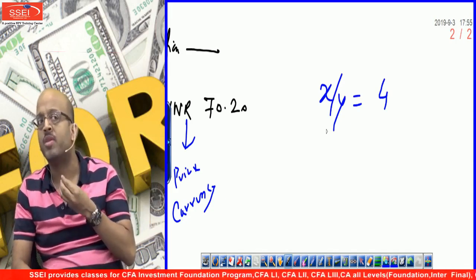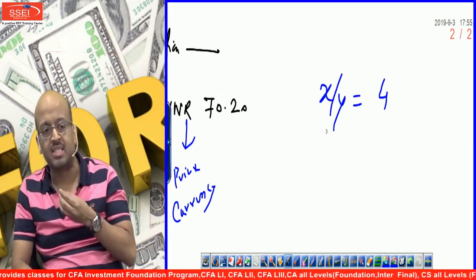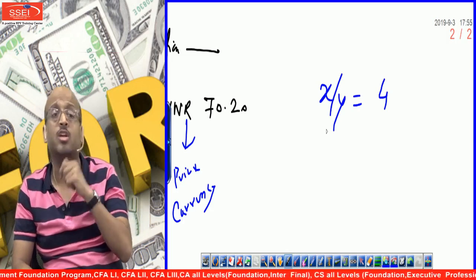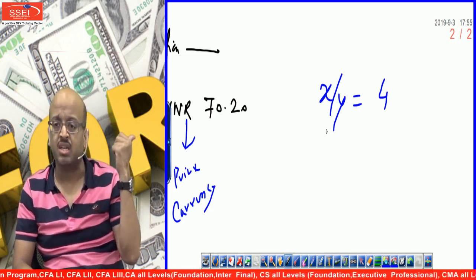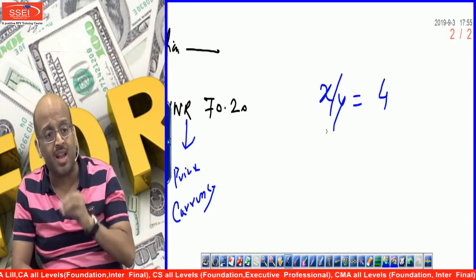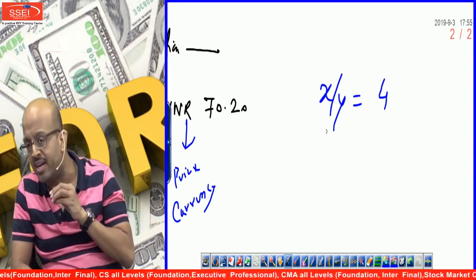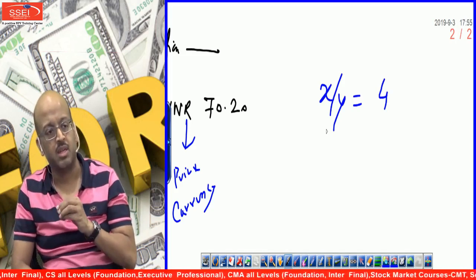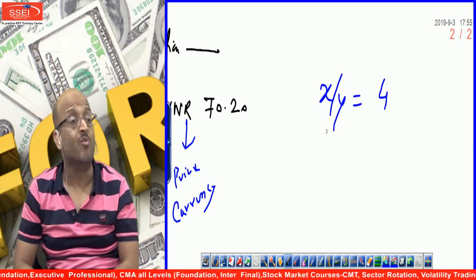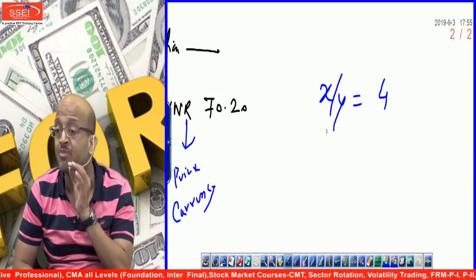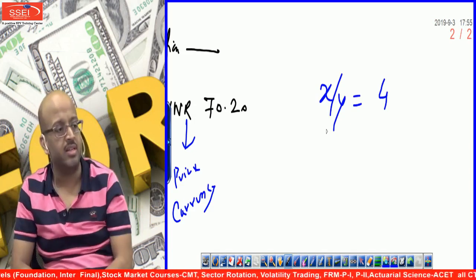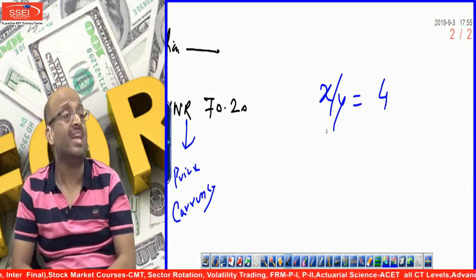If there are 500 sums on forex that the CA Institute has printed up till now, and when I say CA, I include CMA as well as CS, in 480 sums X by Y means 1Y is equal to 4X, which means Y is the base currency. But in 20 sums out of 500, X by Y means 1X equal to 4Y.